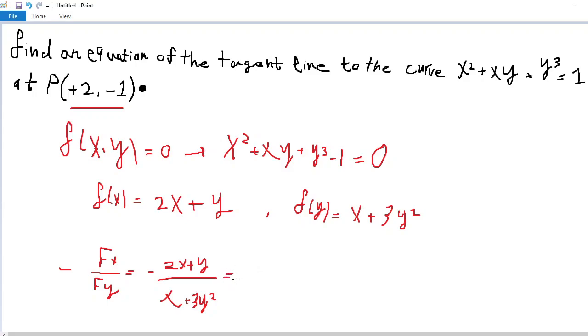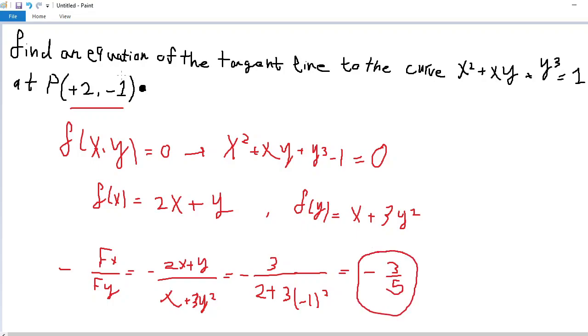Negative 2 times 2 is 4, then negative 1 makes 3, so the numerator is negative 3. In the denominator, we have 2 plus 3 times negative 1 squared, which is 1 times 3, and 3 plus 2 is 5. So the answer is negative 3 over 5.